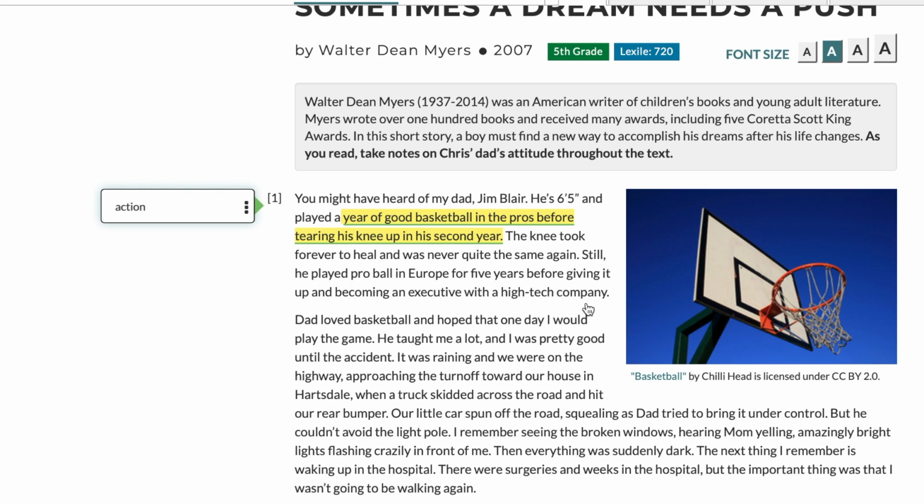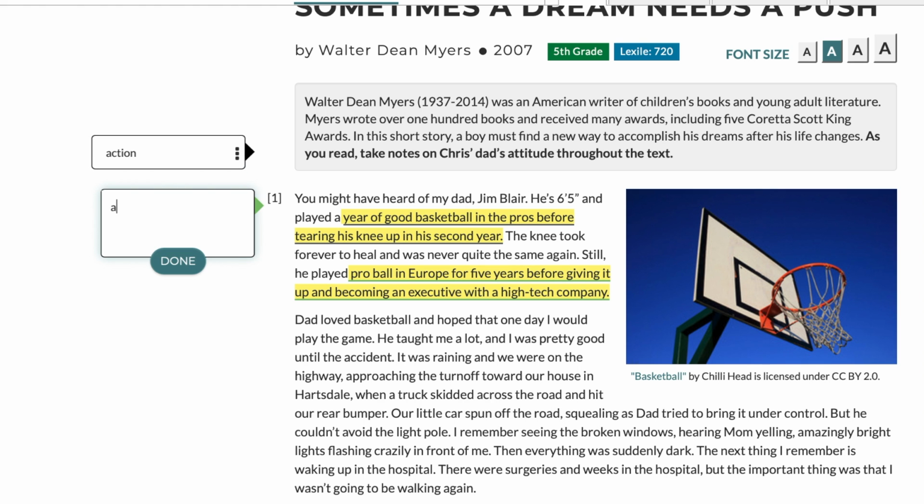Still, he played pro ball in Europe for 5 years before giving it up and becoming an executive with a high-tech company." Again, he ended up giving up his dream of playing and he ended up becoming an executive. So here's another action. If I'm saying think, say, do, this is something that he does.